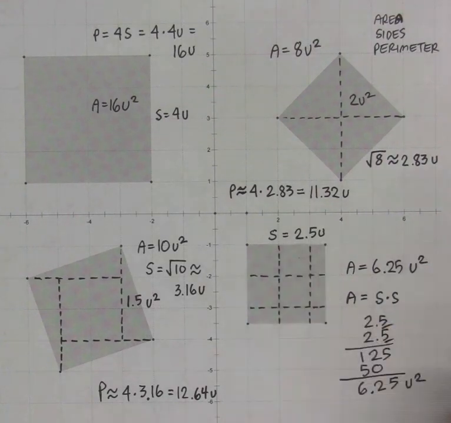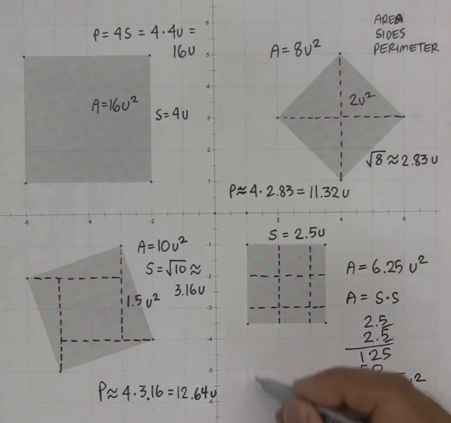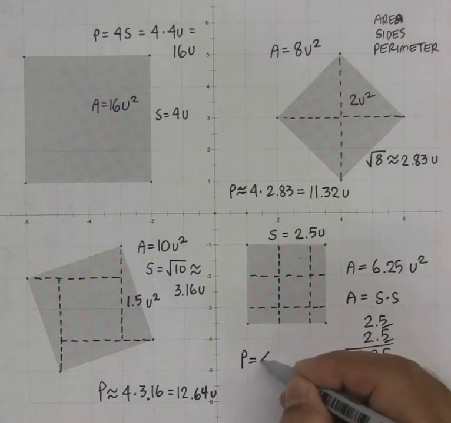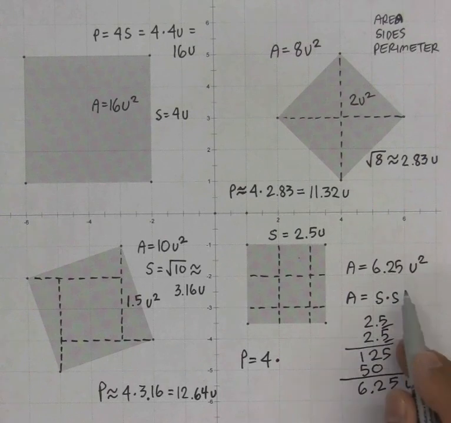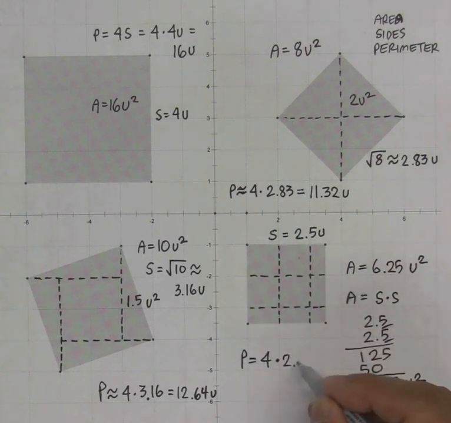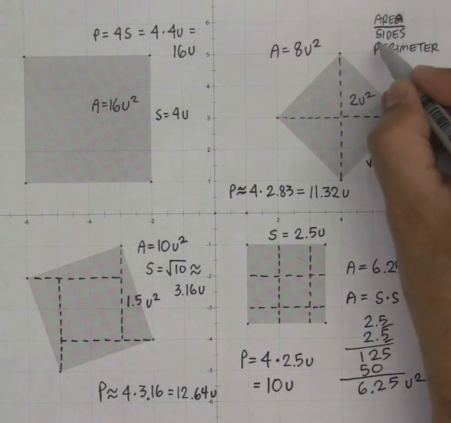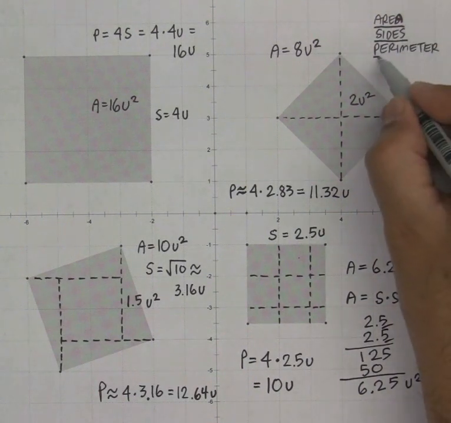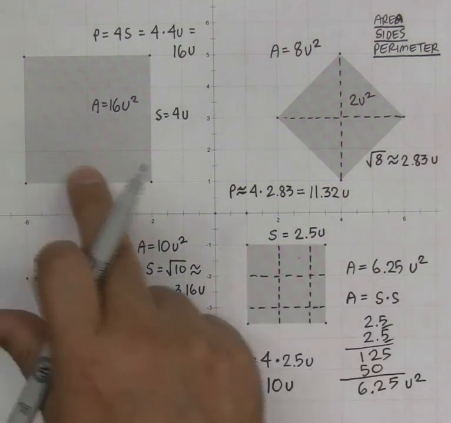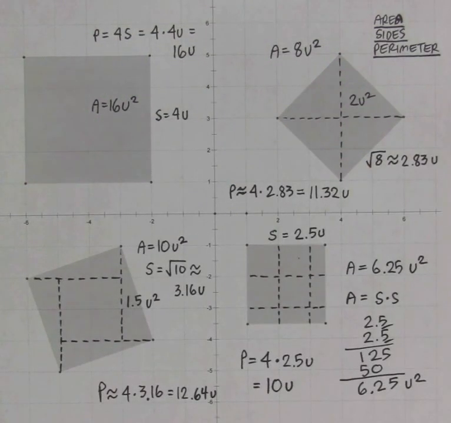The sides are 2.5 units. The perimeter is 4 times the size of the sides, which is 2.5. So that's going to be 10 units. We found the area, the size of the sides, and the perimeter of various squares on the XY plane.